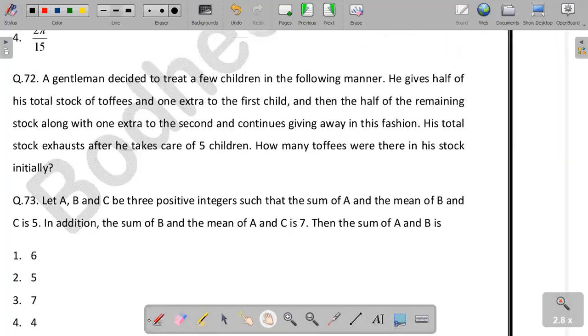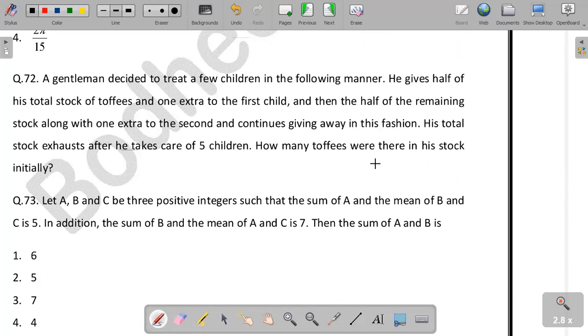A gentleman decided to treat a few children in the following manner. He gives half of his stock of toffees and one extra. This is a perfect CAT level question because the CAT has given exactly this question in some previous year. I don't remember the year, but the CAT has surely given it, and I have taught it multiple times to my students. He gives half of the stock and one extra. Okay, then half, one extra, and this in fashion.